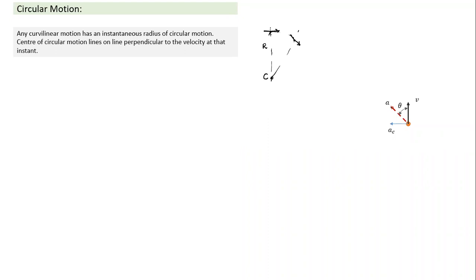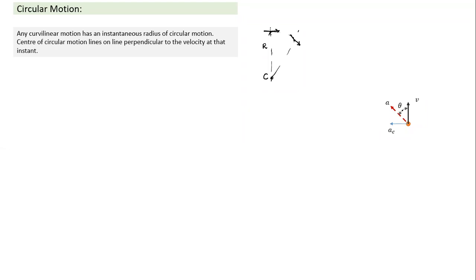Acceleration has some value, and it makes some random angle theta from here. Had theta been 0, it would have been a straight path. If theta is not equal to 0, the path will change and become curvilinear motion. So anything with theta not being 0 and not being 180 is a curvilinear motion.